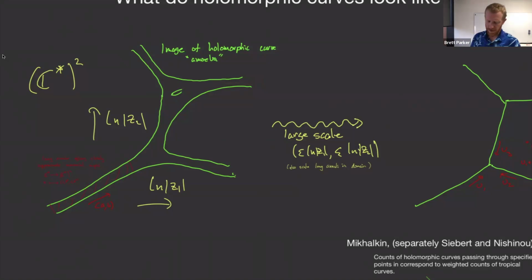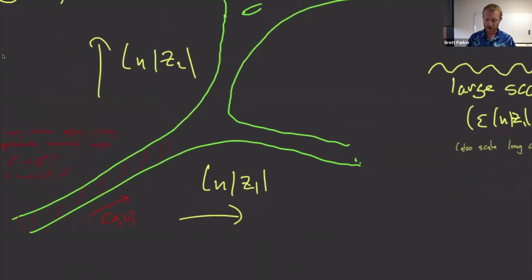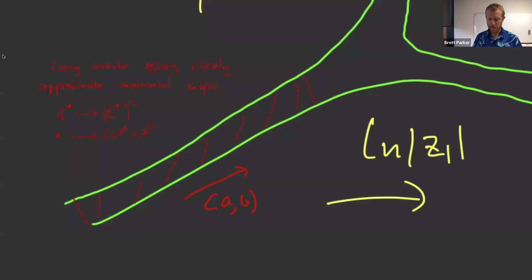And what is true is if you look at any piece of the Riemann surface conformally equivalent to a long cylinder, then the holomorphic curve on that long cylinder will closely approximate a kind of monomial map. So what I mean by a monomial map is you've got a map from an infinitely long cylinder into C star squared, where z goes to some constant times z to the a and some constant times z to the b.